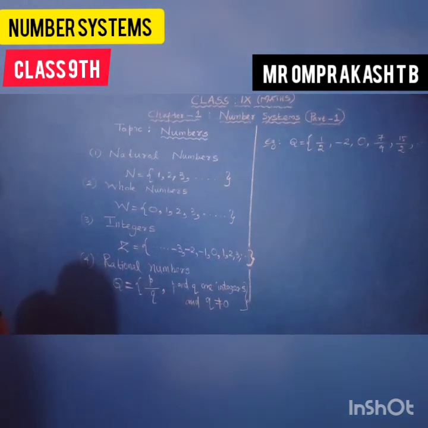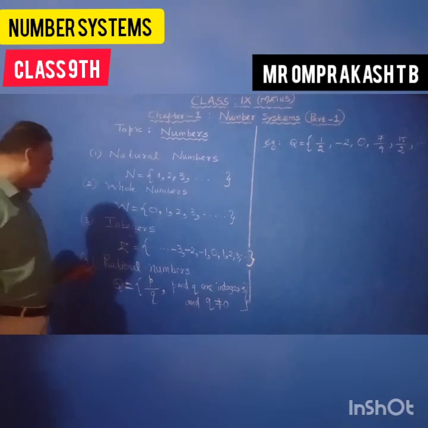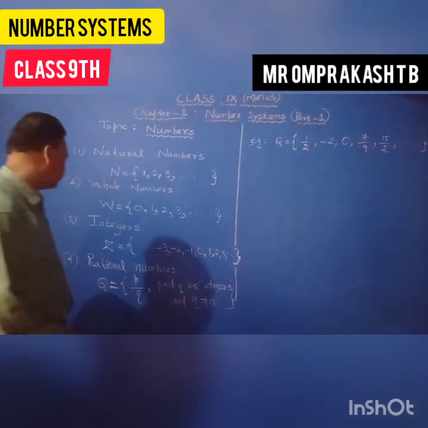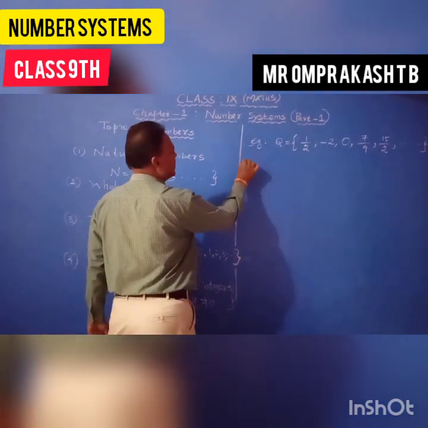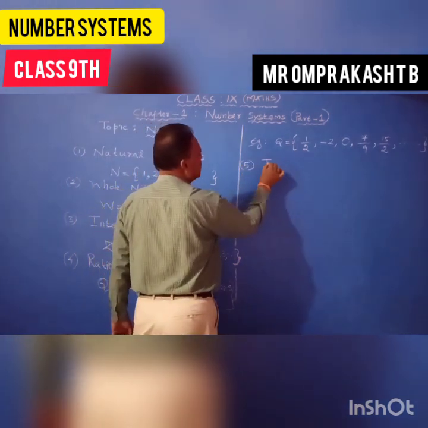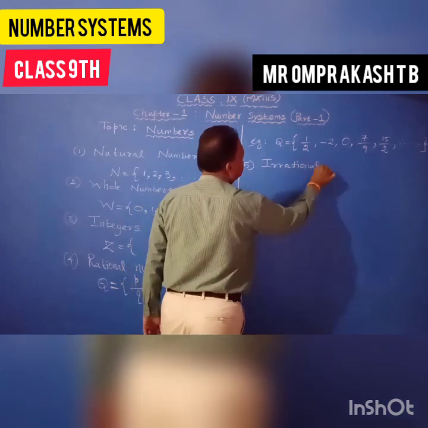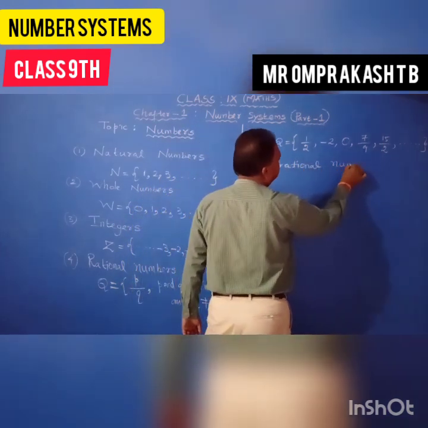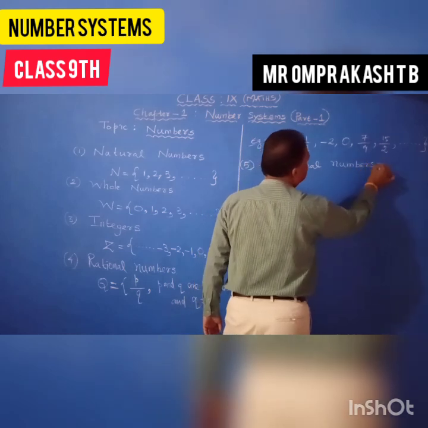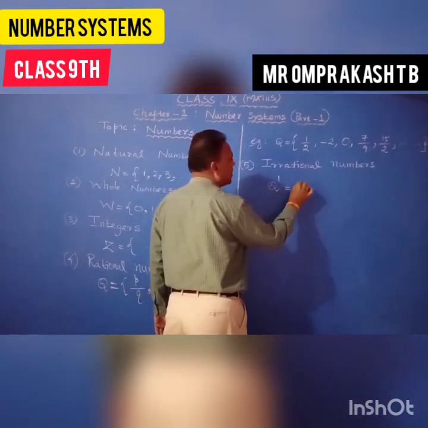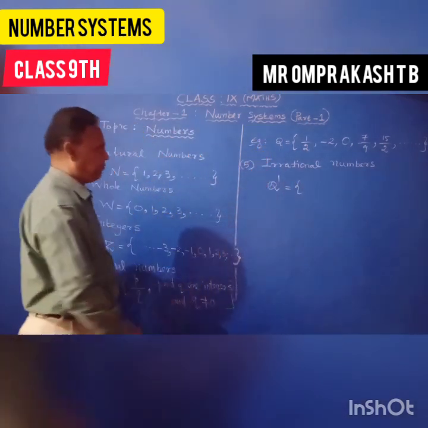Apart from this, this year you are going to learn one more number, that is called irrational numbers. Fifth number is irrational numbers. It is denoted by capital Q dash. That is the complementary set.